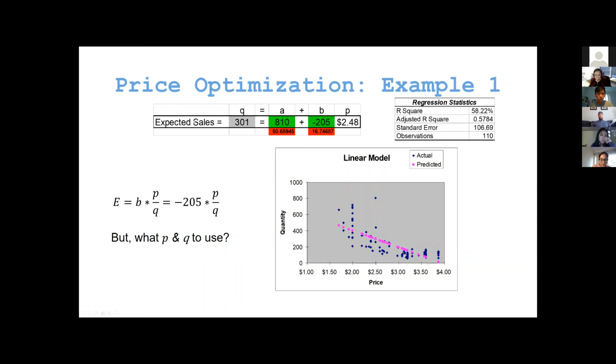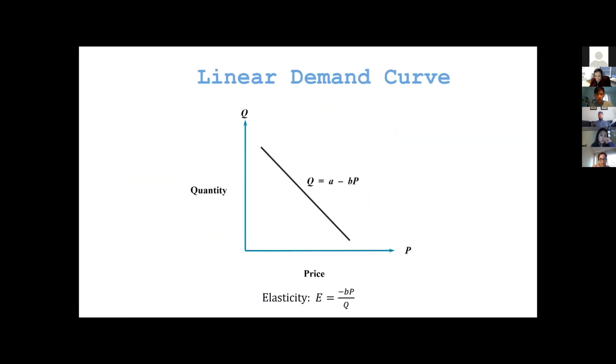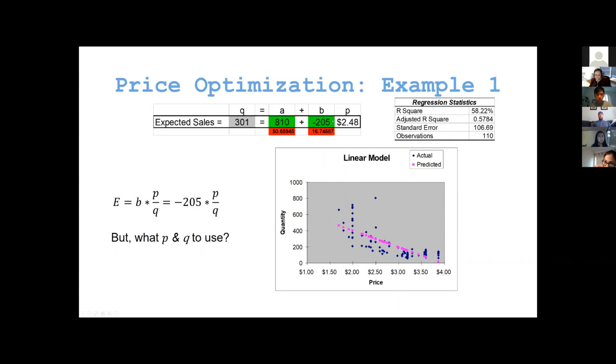And it generated this implied regression equation, Q equals A minus B times P. This is the equation that I showed a few slides back. This says minus, it's truly minus, and we'll see why in a moment. With this data, you see that B became negative.